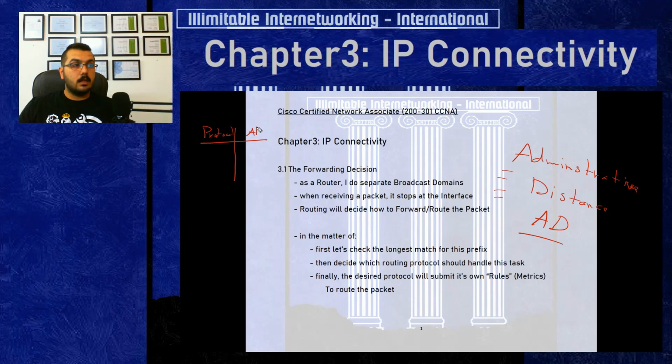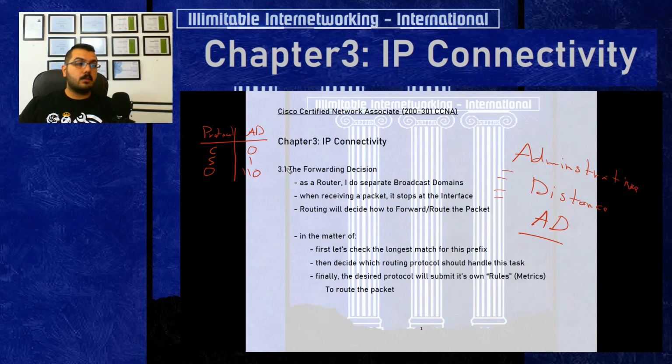and this will be the protocol and its AD. If something was directly connected, and we will talk about this in the lab, then it will have the AD of 0. If it was assigned or routed using static, then it will have the AD of 1, or if you were using OSPF, it will have the AD of 110.